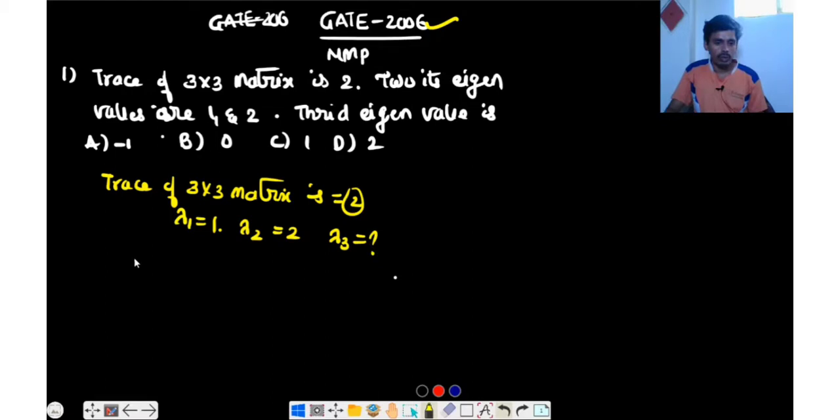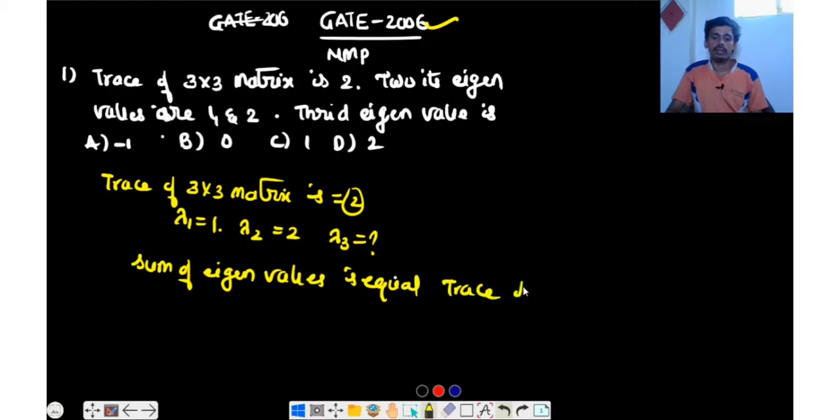Already you know the sum of the eigenvalues is equal to the trace of that matrix. Lambda 1 plus lambda 2 plus lambda 3 is equal to the trace, which is 2. Lambda 1 is 1, lambda 2 is 2.